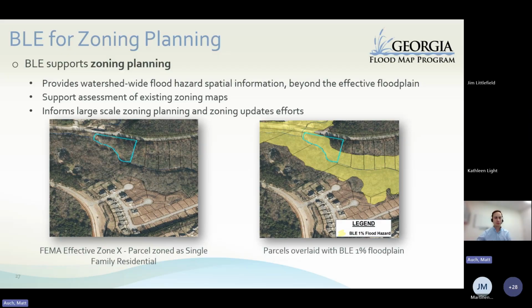So for example, the image on the left shows a property that's located outside the effective SFHA in a zone X. But when you overlay that property onto the 1% BLE floodplain mapping, you'll see that a significant portion of that falls within the floodplain.